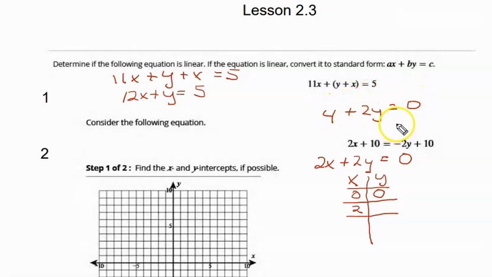We transpose the 4, that becomes a negative 4. And 2y equals negative 4, divide both sides by 2. We get y equals a negative 2. And that is the pattern that will actually go on. If x is a negative 2, y becomes a positive 2.